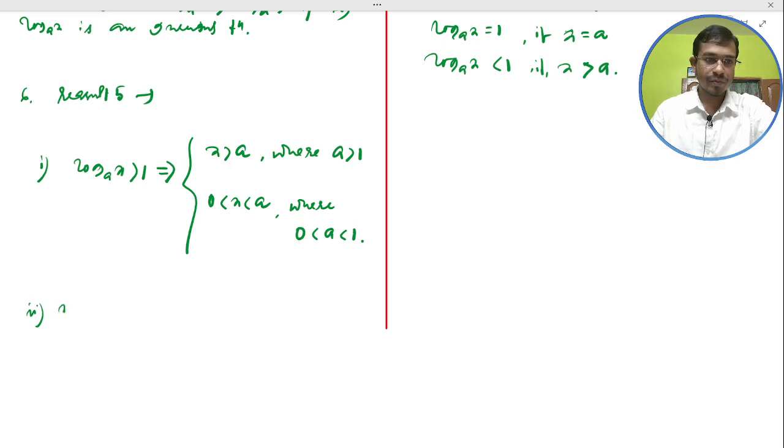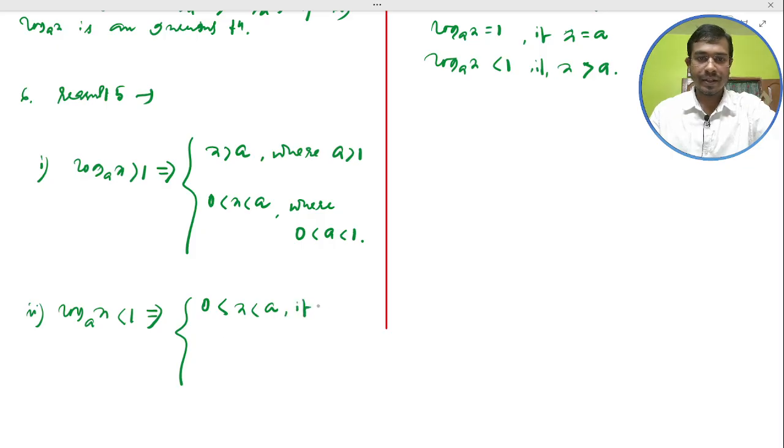Number 2: log x less than 1 is equivalent to 0 less than x less than a if a greater than 1, and x greater than a if 0 less than a less than 1.